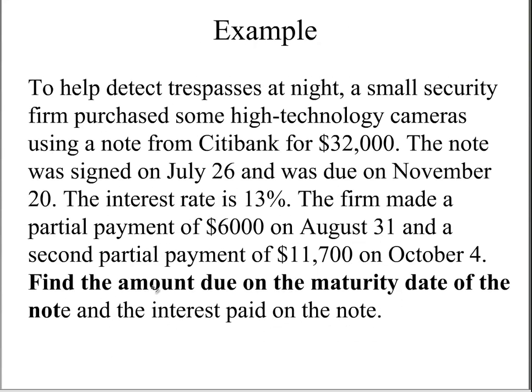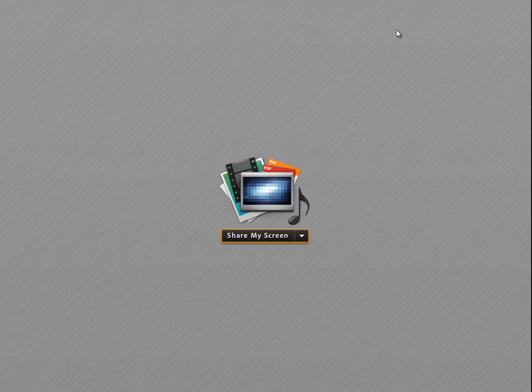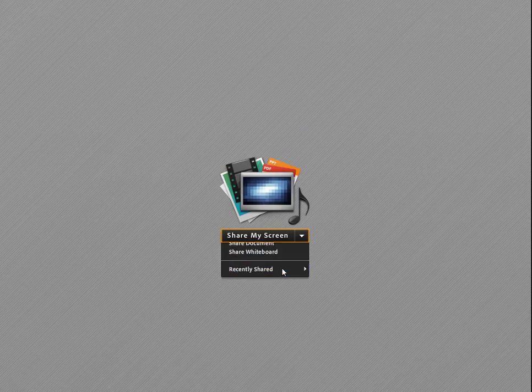Now the question asks, find the amount due on the maturity date. So we're going to write this out. We're going from October 4th all the way up to November 20th. That is the date that the loan matures. We have to figure out how many days that is. That's going to be 47 days.